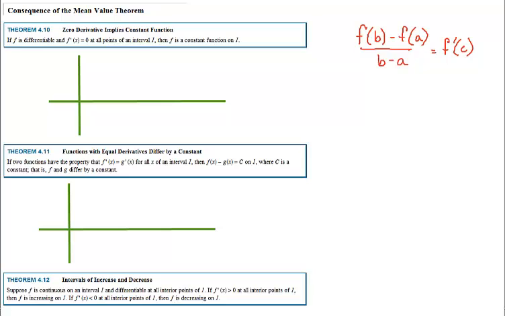Alright, I've written the mean value theorem result up here, as long as f is continuous and differentiable on that interval AB. So one of the consequences is, we know that if it's a constant, then its derivative is 0.